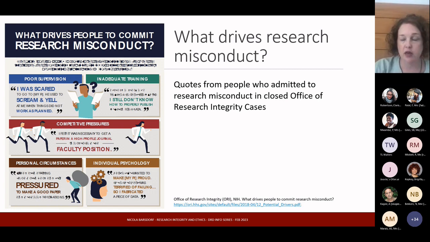And you can see there really are a variety of drivers. So poor supervision comes out quite strongly, inadequate training, competitive pressures or perverse incentives, which we'll talk about a bit later, personal circumstances, and obviously individual psychology. So the drivers can be a range.